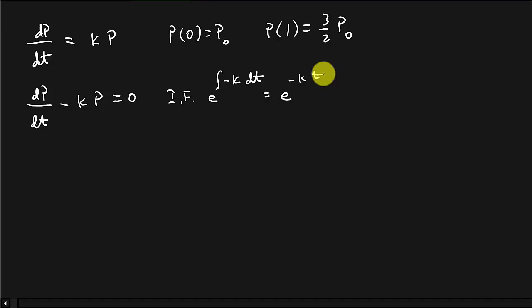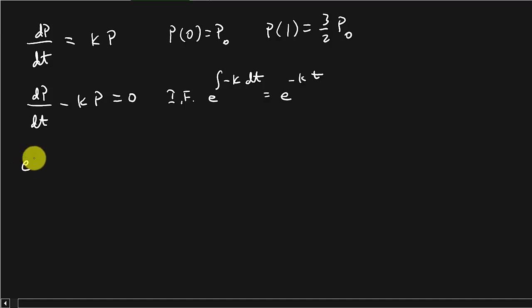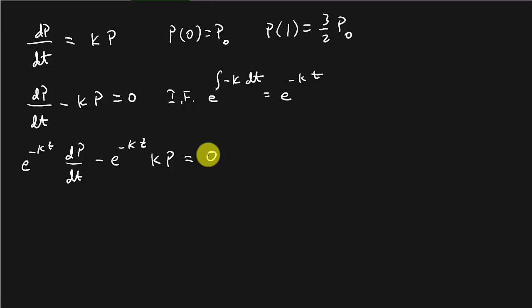So we're going to multiply this by e to the negative kt times each term. You've solved these before, but I'll work it all out on this example just so you can see, but I won't show all these steps as we go.